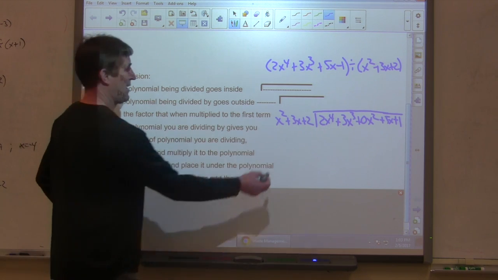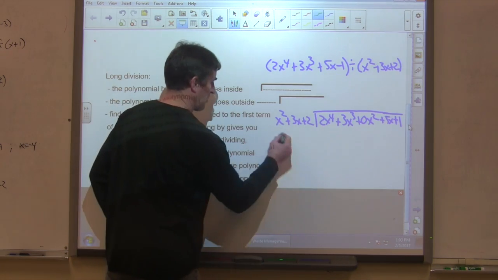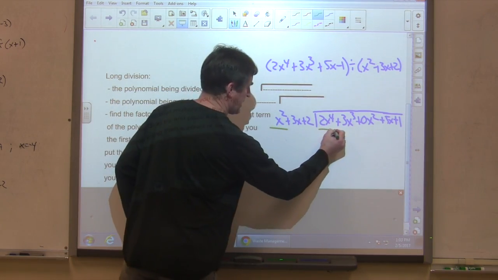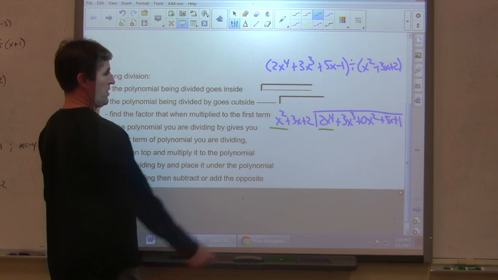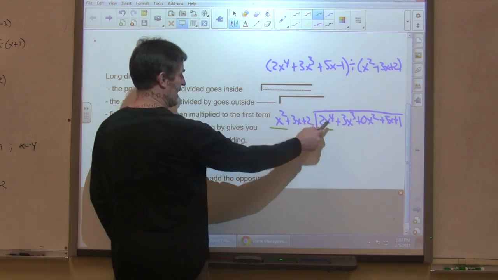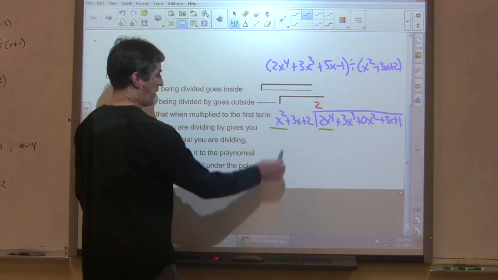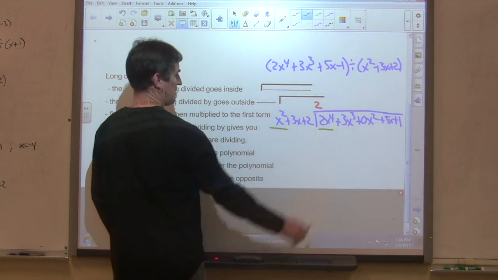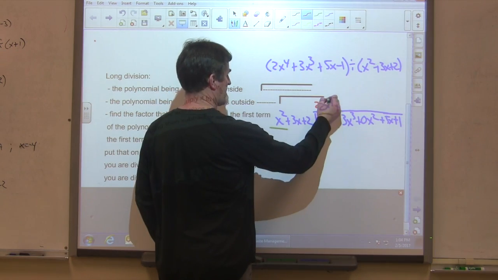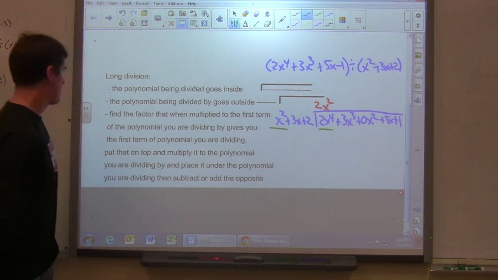So we have to find what we multiply this x squared by to get 2x to the 4th. Well, the number in front's 1, and we need to get a 2, so we need to multiply that by a 2. And then what do we have to multiply x squared by to get to x to the 4th? And that would be x squared. So that's the first part.